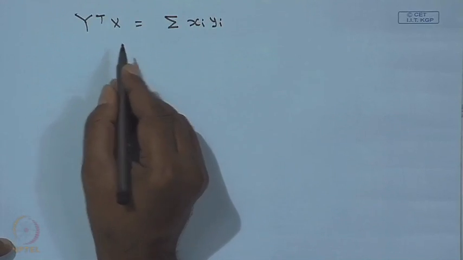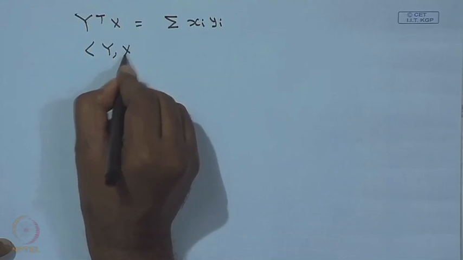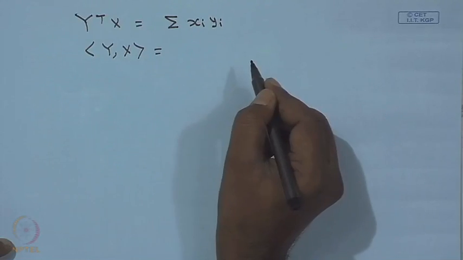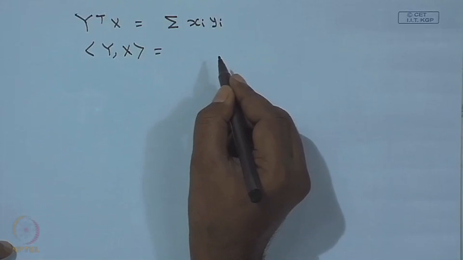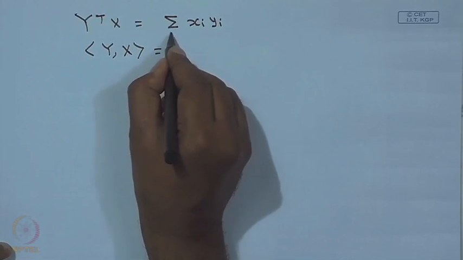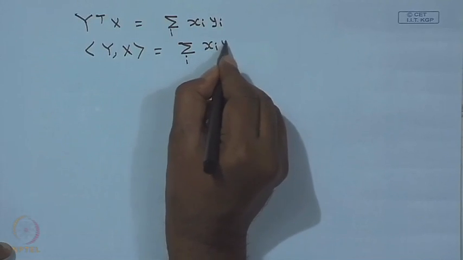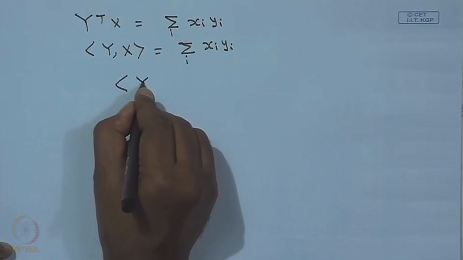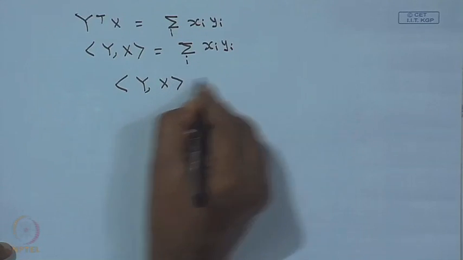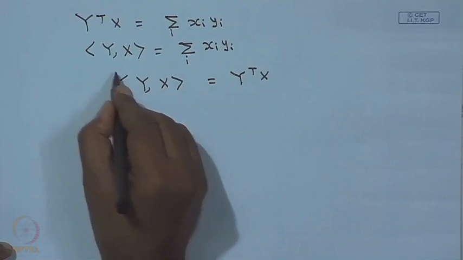If you remember the definition of inner product of vectors, we take the corresponding elements of the vectors, multiply them and add them up. That also becomes summation of x i y i. Therefore, inner product of y and x is nothing but y transpose multiplied by x.